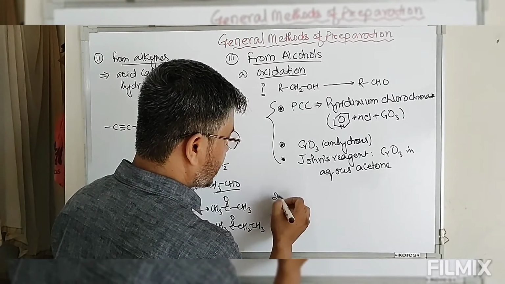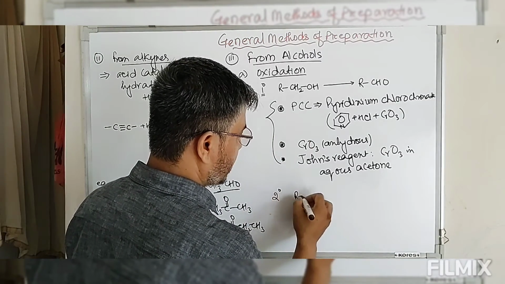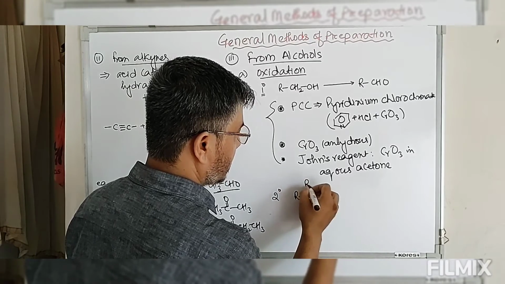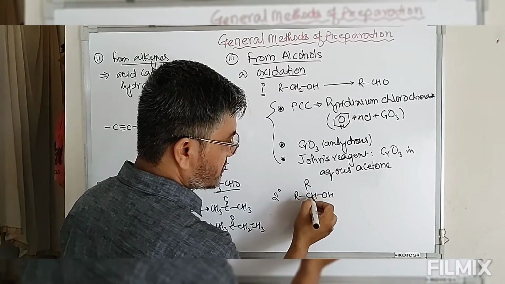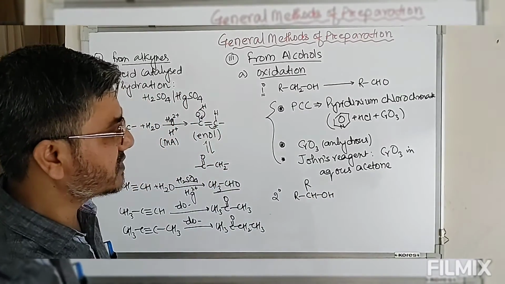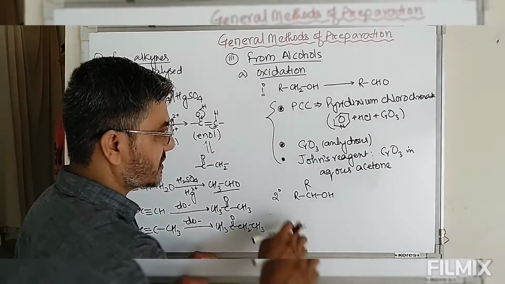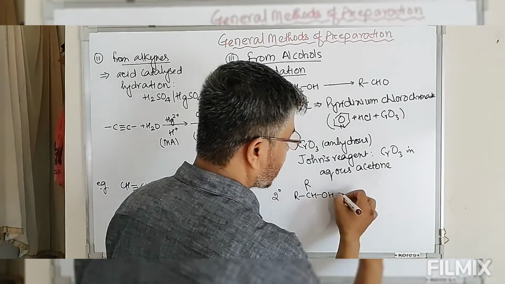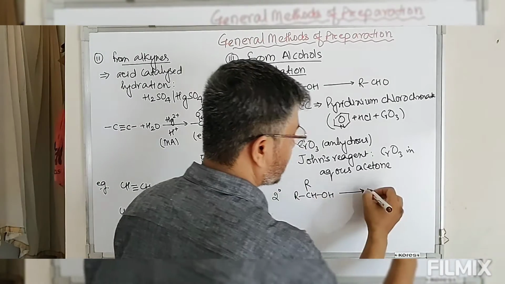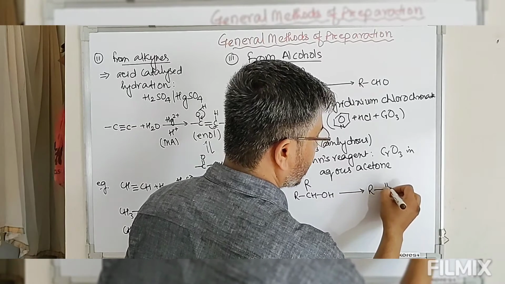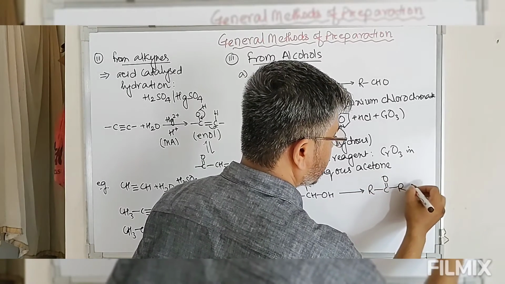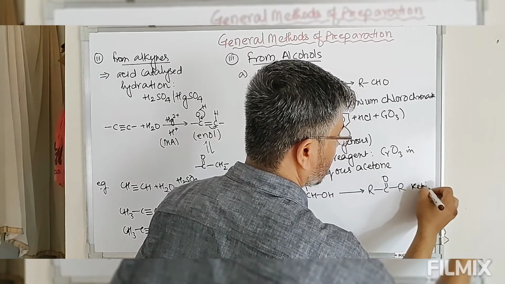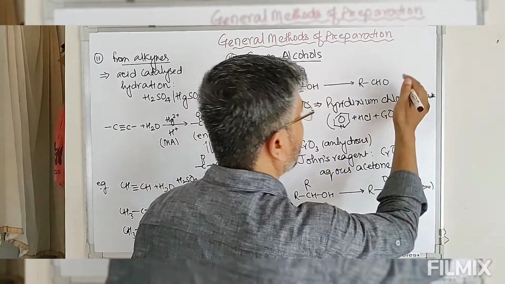Now if we start with secondary alcohol, we have said this is secondary alcohol because this carbon bearing alcoholic functional group is attached to two other carbon atoms, so we said this is secondary. Now this secondary is to be oxidized to give you ketone. So secondary alcohols on oxidation give you ketone, whereas primary gives you aldehyde.